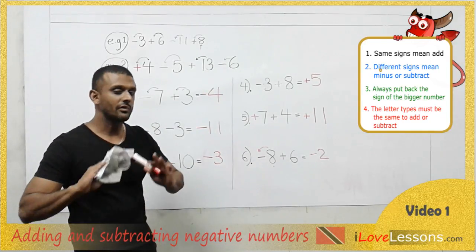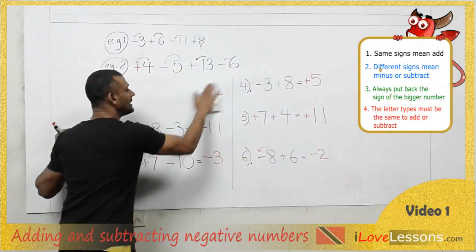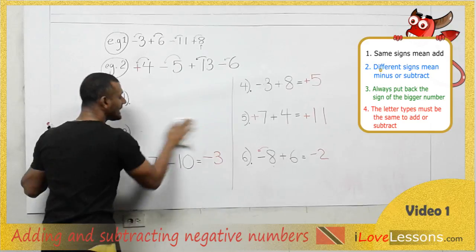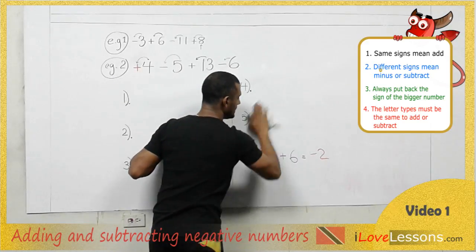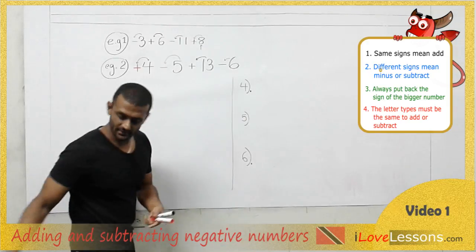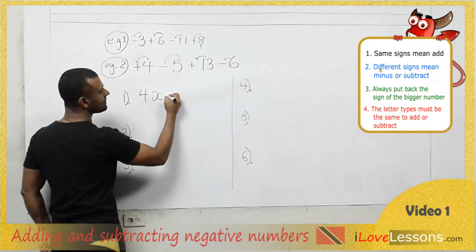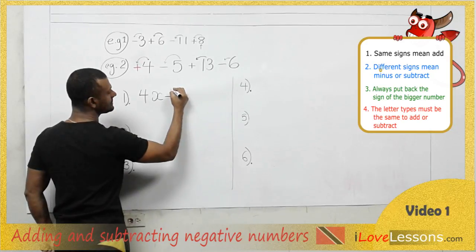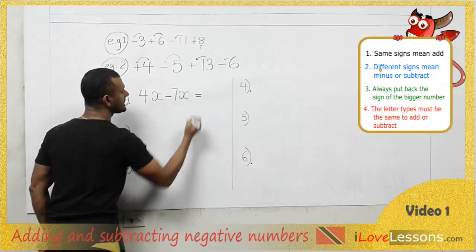Let's move on with some harder questions with some letters now. When you're doing questions with letters, don't let the letters bother you too much. Let me explain. Say I have 4x minus 7x. Pretty easy question here.